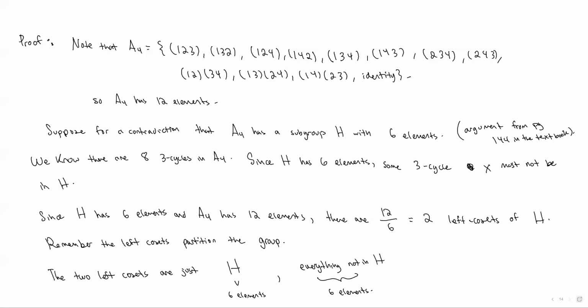And we can give everything not in H a name. Since X is not in H, the left coset XH must be everything not in H.